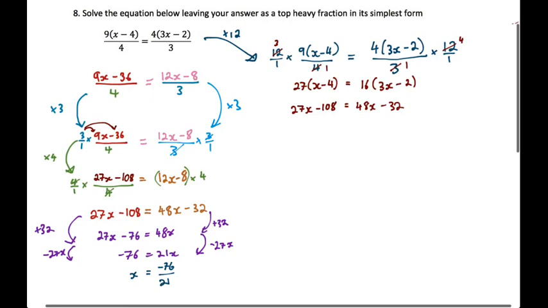Okay, and finally, we're going to look at this simultaneous equation question. We're going to look at the elimination method. Right, we need to make either the x's the same or the y's the same.